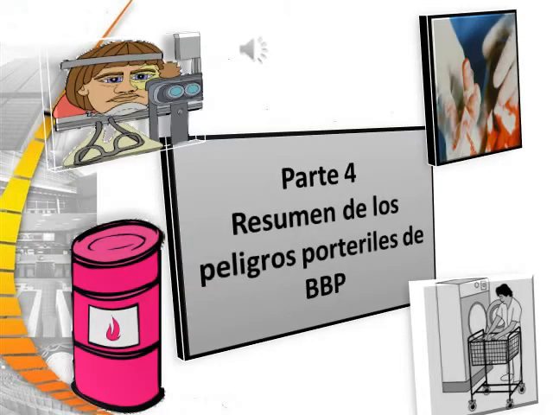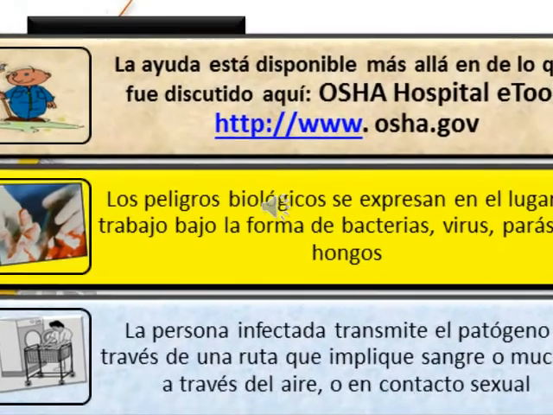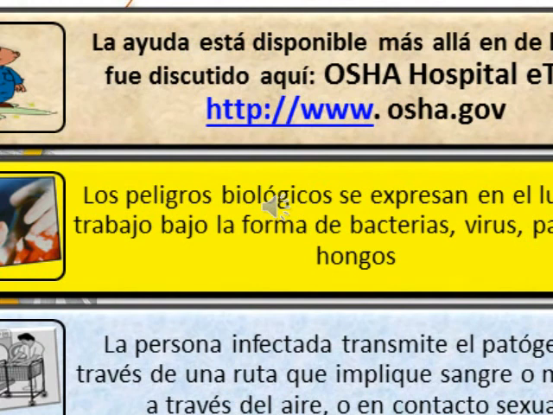Part 4. Summary of janitorial hazards. Additional help beyond what has been discussed here is available at the OSHA Hospital eTools at www.osha.gov. Biological hazards are expressed in the workplace in the form of bacteria, viruses, parasites, and fungi.